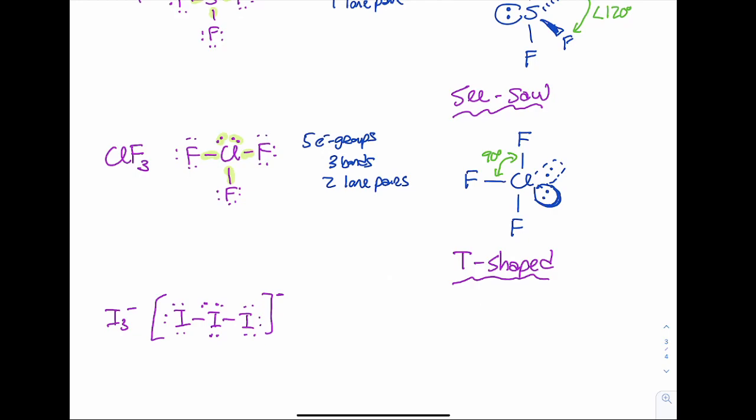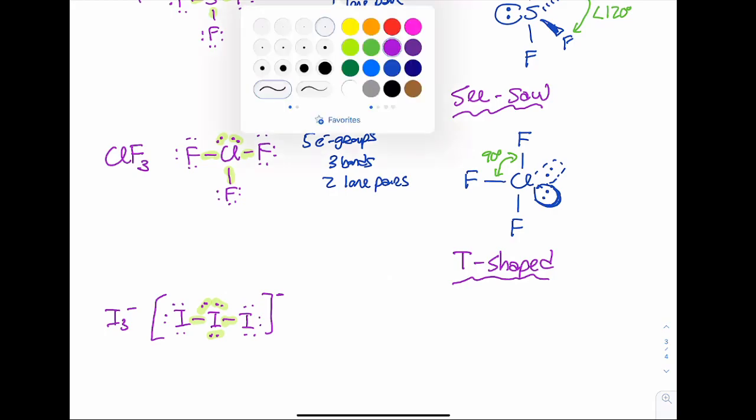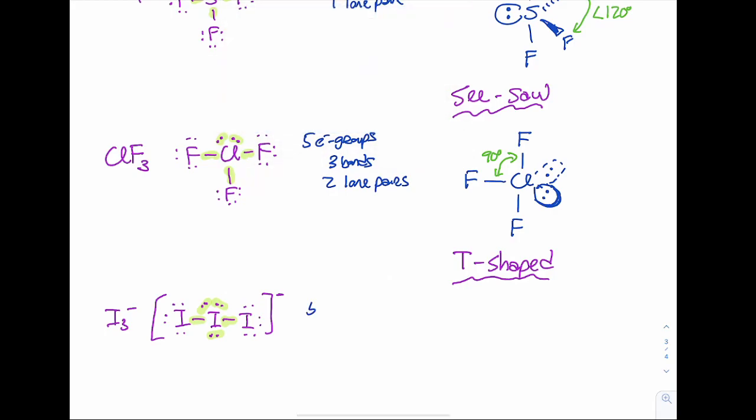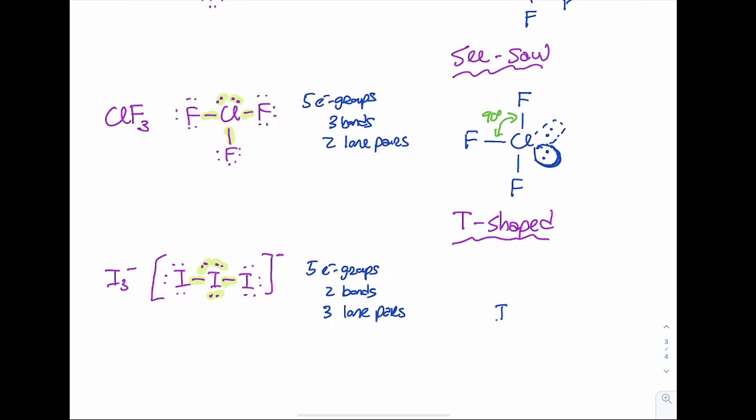So on the central iodide, I have 1, 2, 3, 4, 5 electron groups. Two of them are bonds, and then 3 of them are lone pairs. And again, those lone pairs have to go in the equatorial positions. So I'm going to have an iodine in the middle.